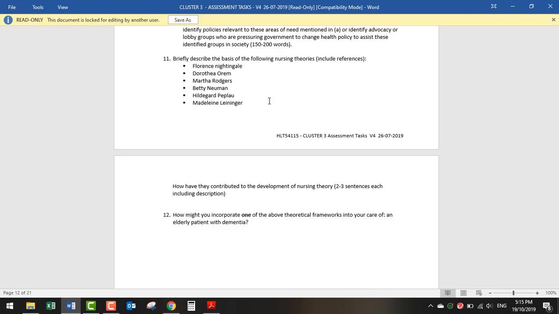This is what this might look like. So what are the things you might do? They have suggestions as to how you might go about your nursing practice, and pick one that you think might be really good to use when caring for an elderly patient with dementia. And then you'll be done.